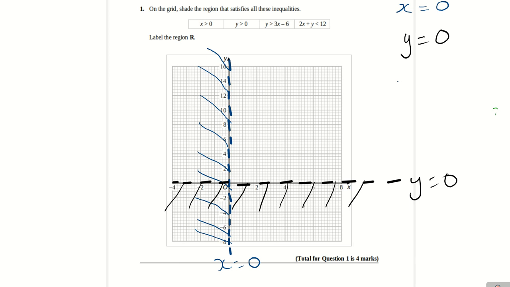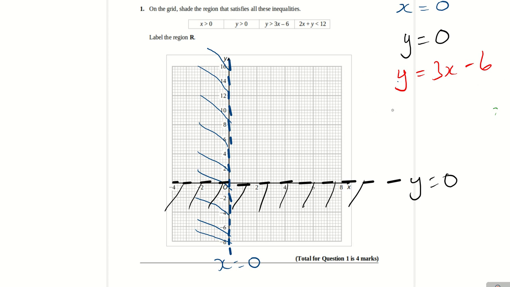Right, the next one is y has got to be greater than 3x minus 6. So we need to draw the line y equals 3x minus 6. Again, it's going to be a dashed line because our inequality doesn't include equals. And now the line is going to be a straight line.